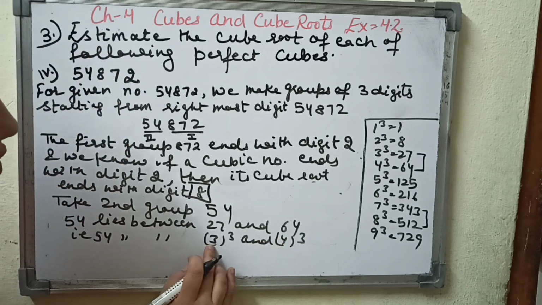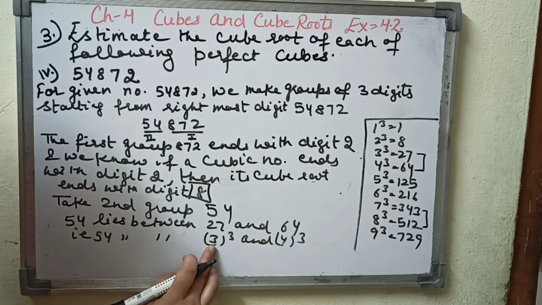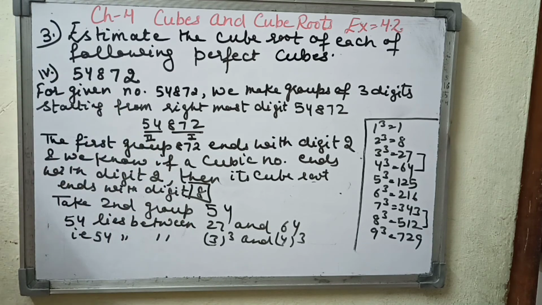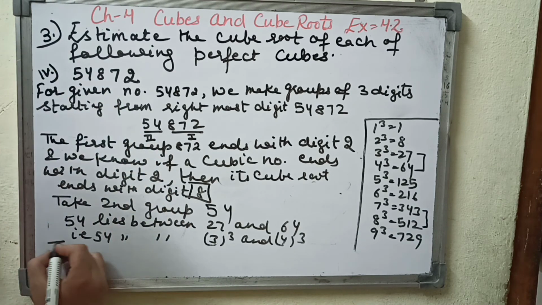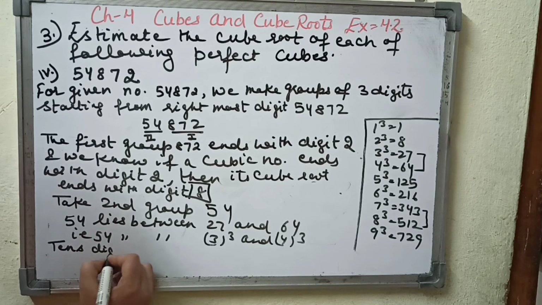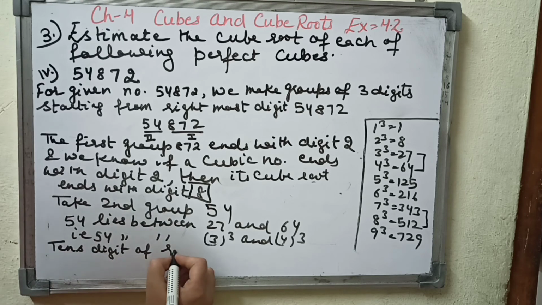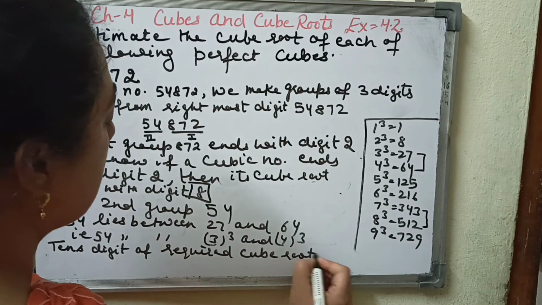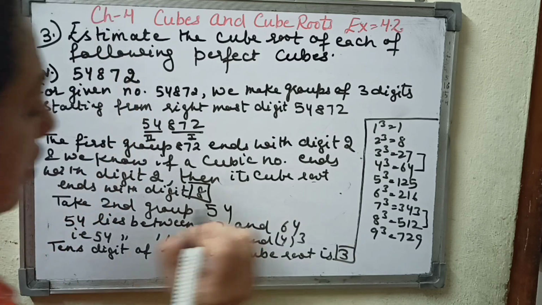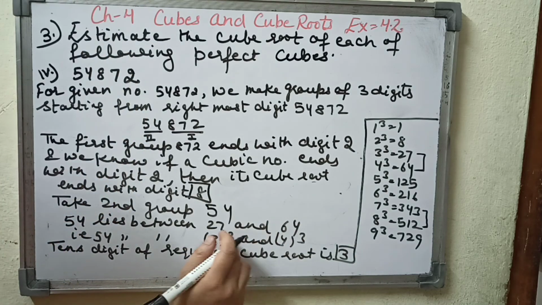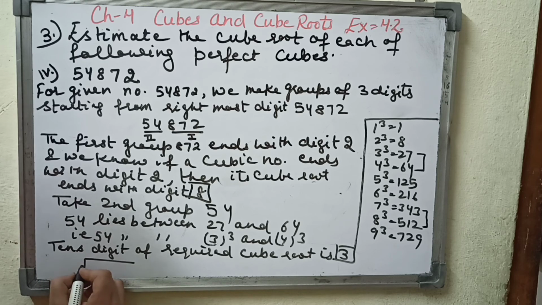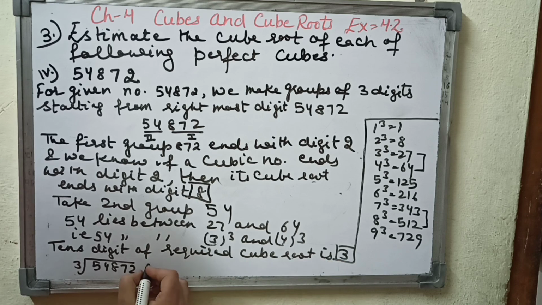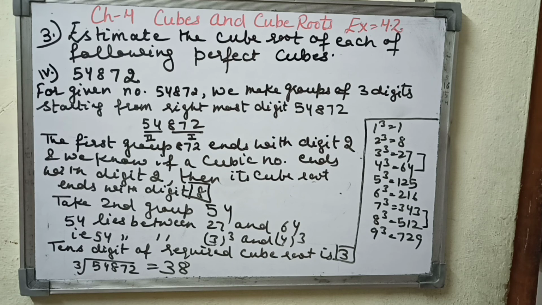Now I take the smaller of these two numbers, and that is 3, which becomes the tens digit of the required cube root. This is your tens digit, which is the smaller among these two numbers. So I write cube root of 54872. The tens digit is 3 and the ones digit is 8. So 38 is the required answer.